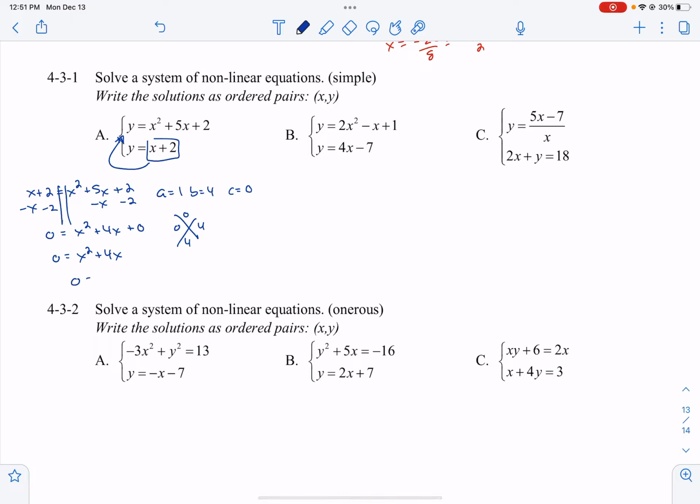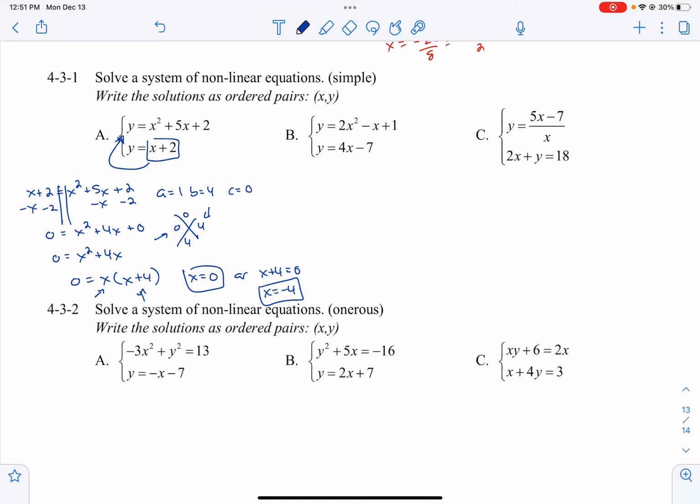Or you can factor out an x and end up with x times x plus 4. And now you have two things that multiply to be 0. One of them has to be 0. So x could be 0, or x plus 4 could be 0, which means x equals -4. So I have two x values, which are the same things you would have gotten with the big X or the quadratic formula.